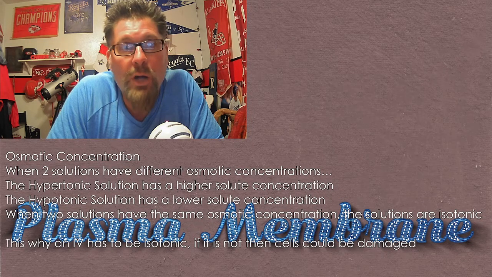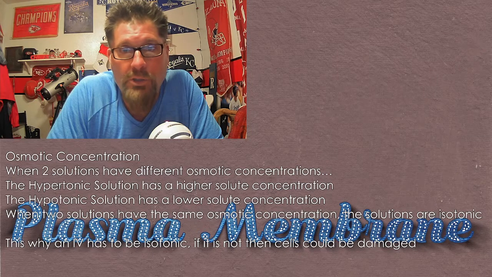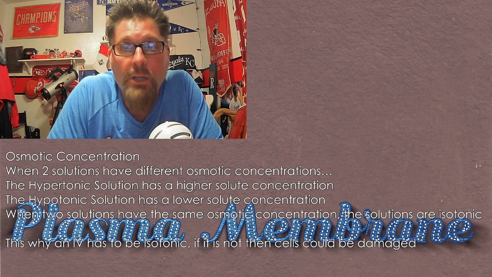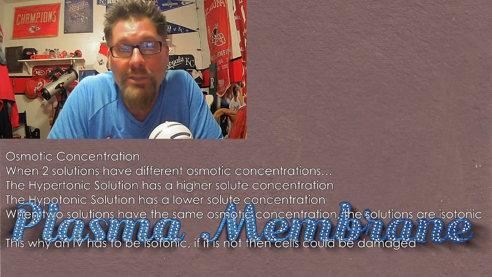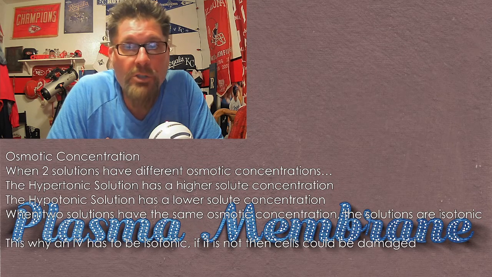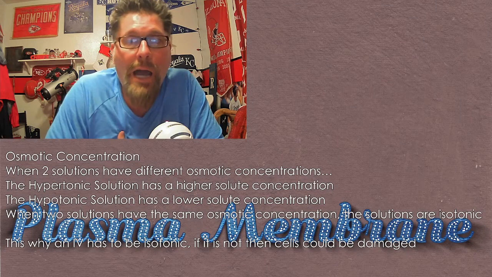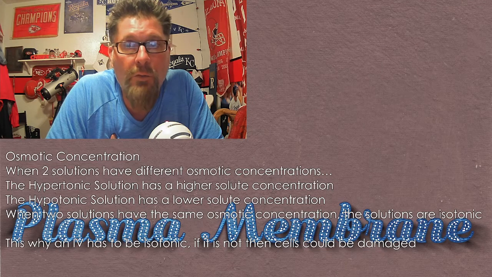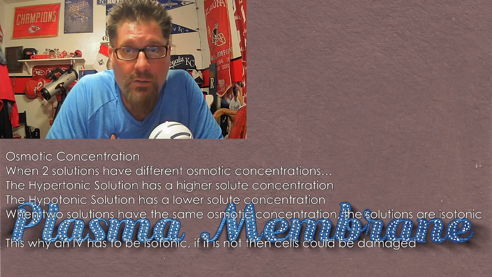Okay, so a hypertonic situation, that means there's more solute outside the cell. So the water is going to leave the cell. There's more salt on the outside of the cell, so the water is going to leave. That's a hypertonic solution. Hypertonic refers to a lower solvent amount inside the cell than outside.